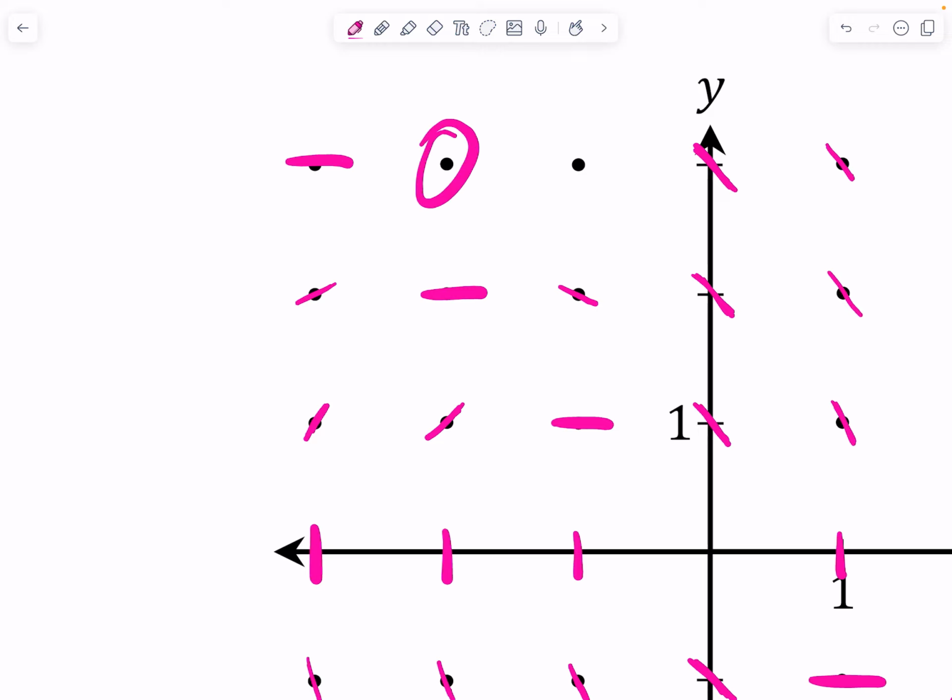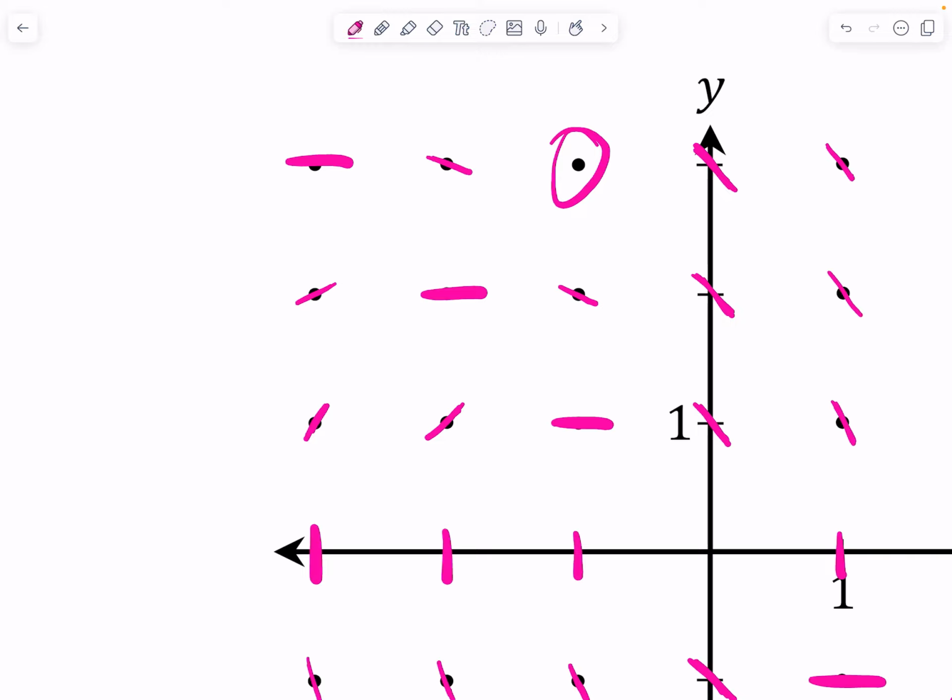Over here, negative 2 plus 3 is 1. Divided by 3 is 1/3. We're looking at negative 1/3. So I'm going to take this and draw it towards this zone right here. And over here, negative 1 plus 3 is 2.